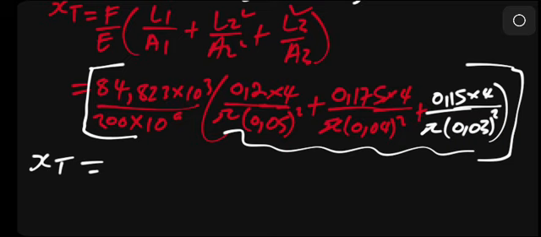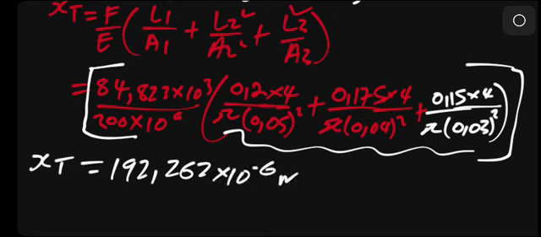this will simply equal to this, then I multiply this same time by, on the calculator, 84,823 times 10 to the power of 3 divided by 200 multiplied by 10 to the power of 9. All of this will be 192.262, okay, times 10 to the power of minus 6.